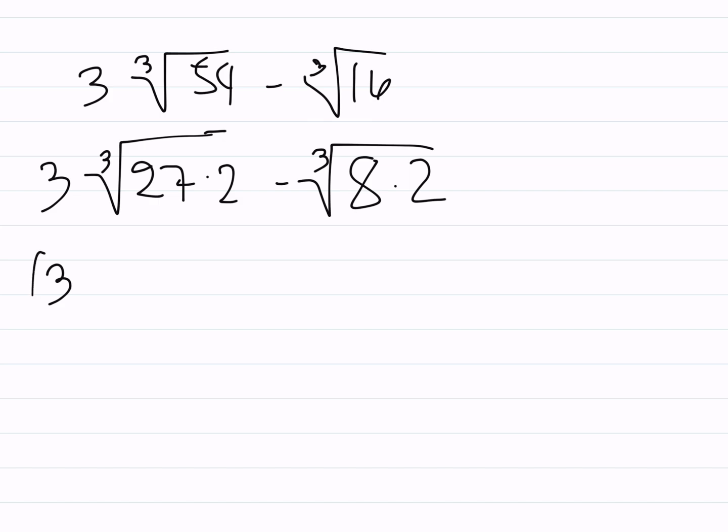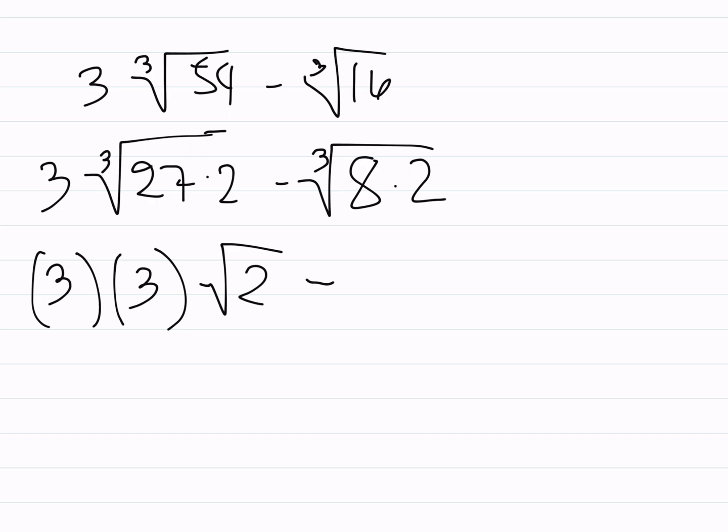Now 3. So what's the cube root of 27? A number that when you multiply by itself three times, the product is 27. Of course, we have 3 because 3 times 3 times 3 is 27. Then the cube root of 2 minus.